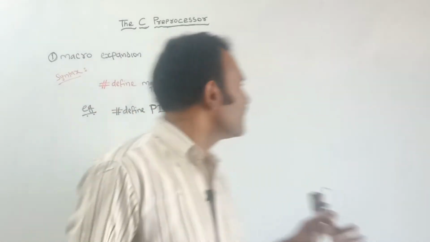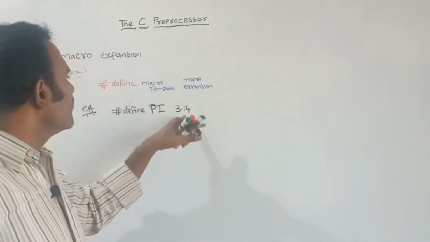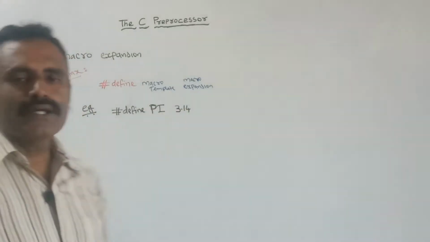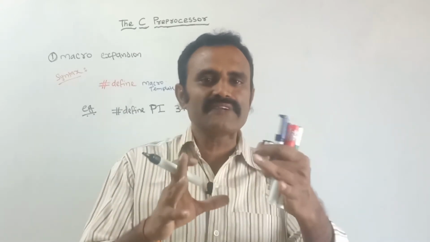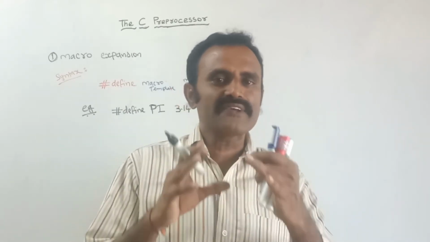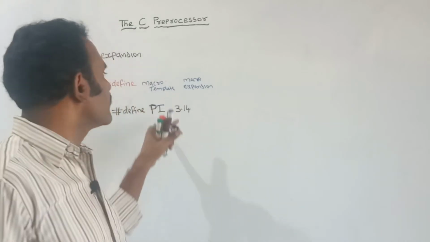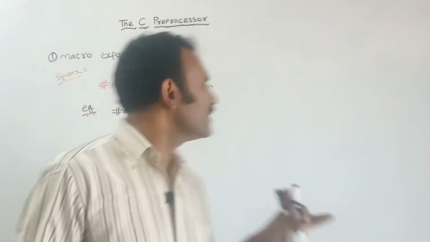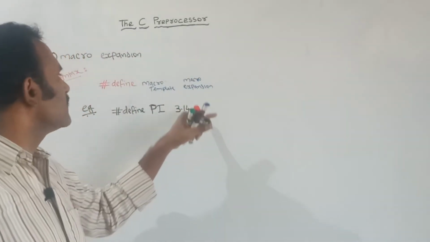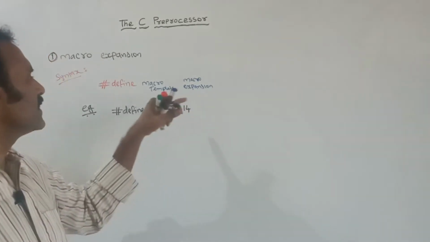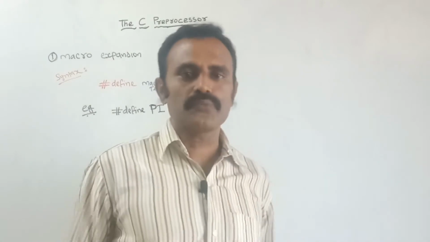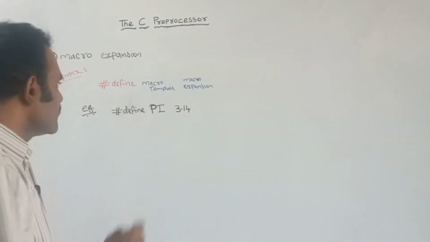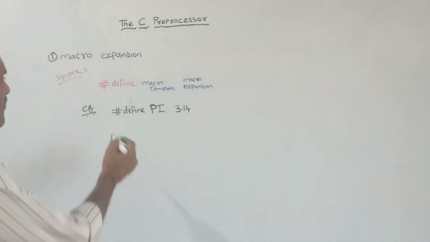Instead of that, we can directly give the value to the macro template, and whenever we need the pi value, if we mention the macro template, that is enough. Automatically the macro expansion value will be replaced for the macro template we have used inside the program. Now let us see the program. In this way we should define.